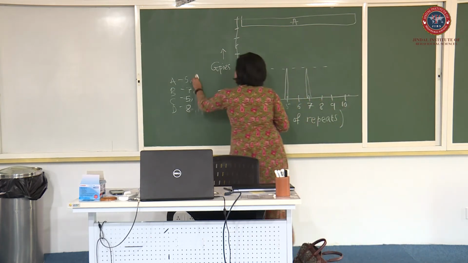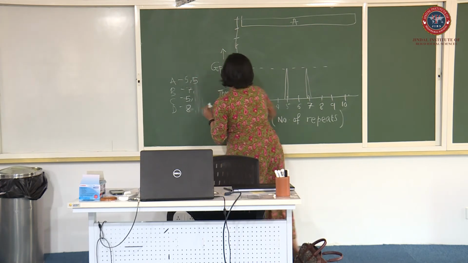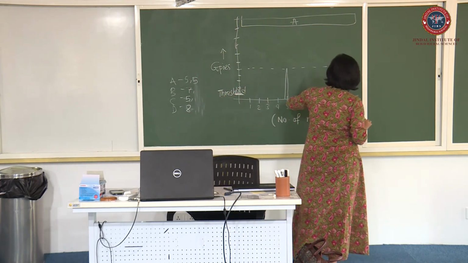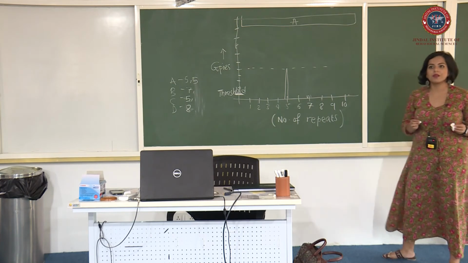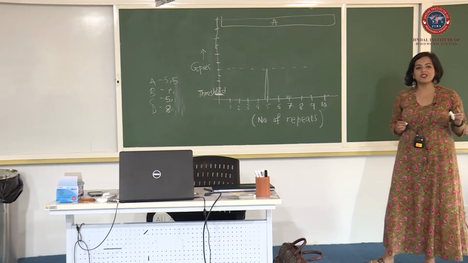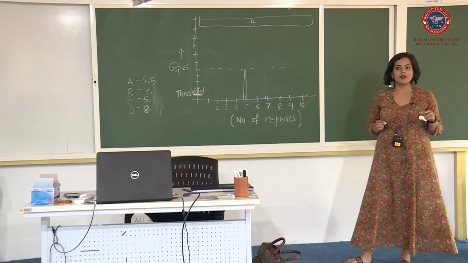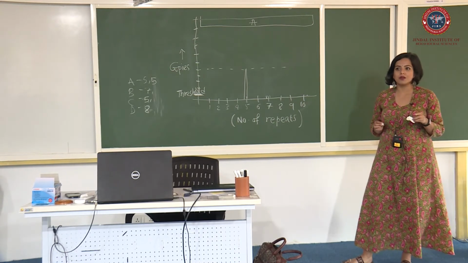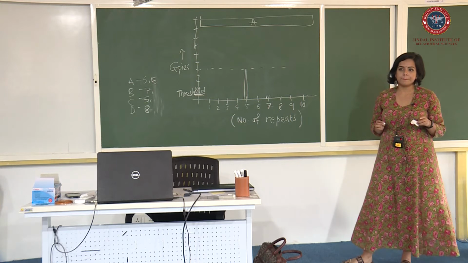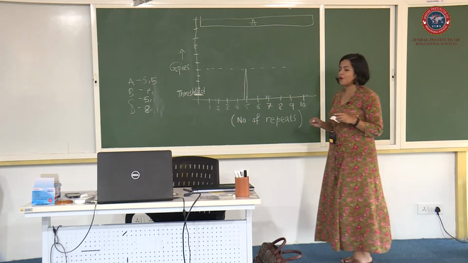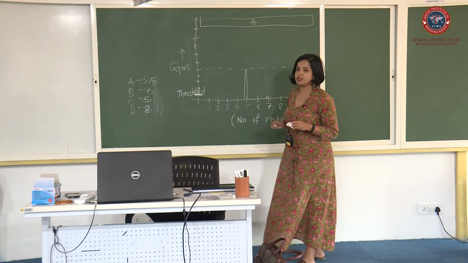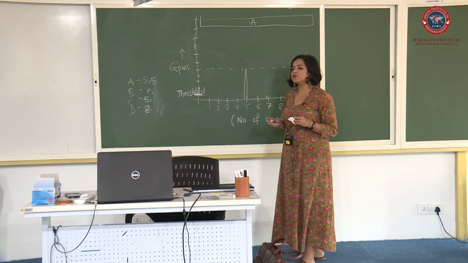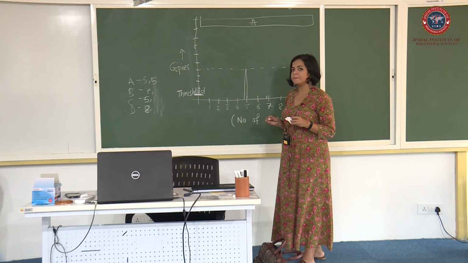If she was 5, 5, how would that look? 5 cells, and she has 5 repeats on both. From 1 chromosome she gets this much. From 2 chromosomes she would get more copies.